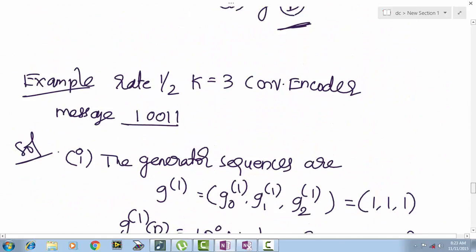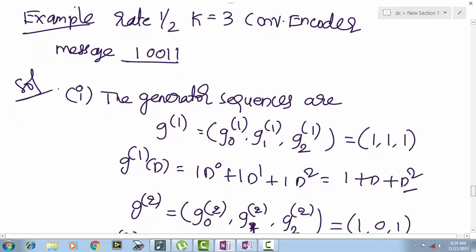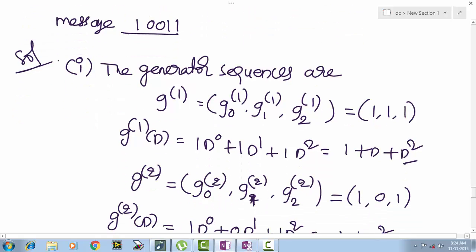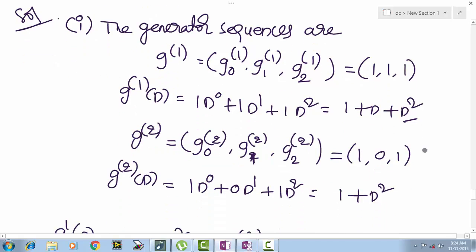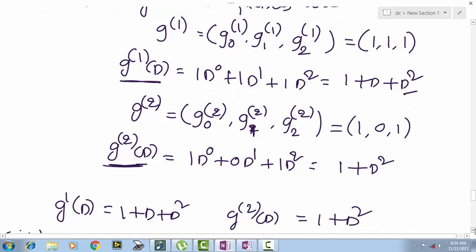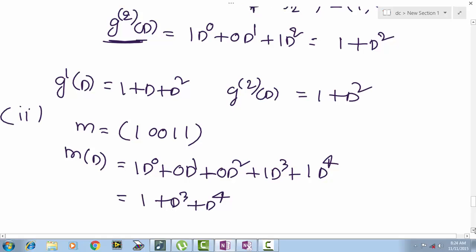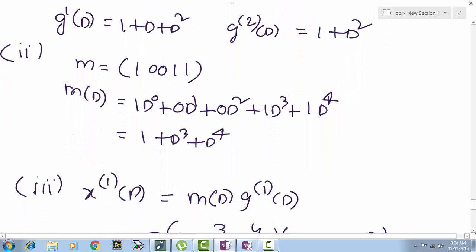Okay, so let me summarize. For the given convolutional encoder, write down the generator sequences, and then after writing the generator sequences, write down the generator polynomials as a function of d. After writing the generator polynomials, the next thing we have to do is take the message sequence and express it as a polynomial.